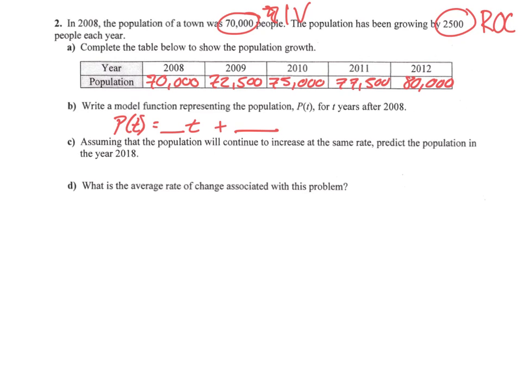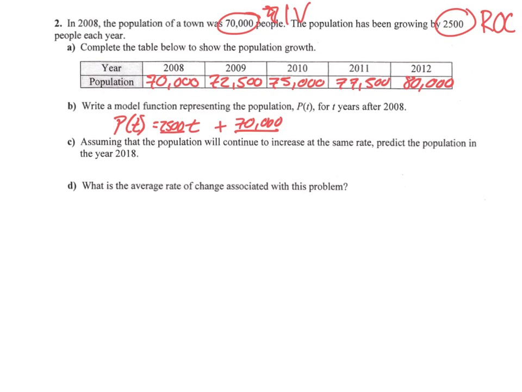Is it increasing by 2,500 or decreasing? Positive 2,500. And what am I starting out with? 70,000. So my initial value goes there.